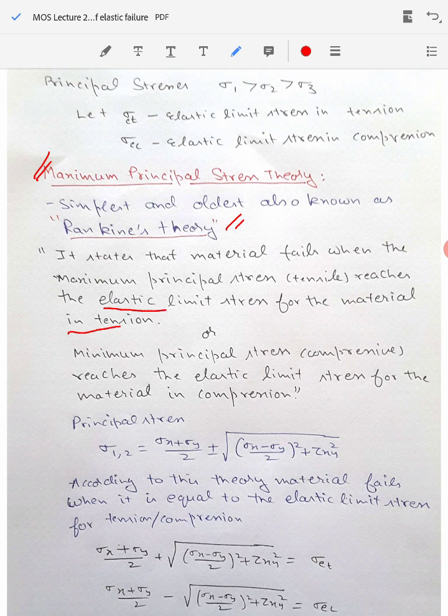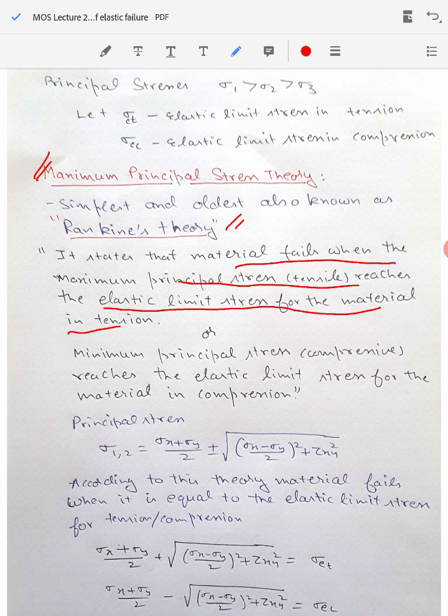So if you have calculated sigma 1, sigma 2, sigma 3, and sigma 1 is the maximum amongst them, the material will fail when this maximum tensile principal stress, sigma 1, reaches the elastic limit stress, sigma et, for the material in tension.